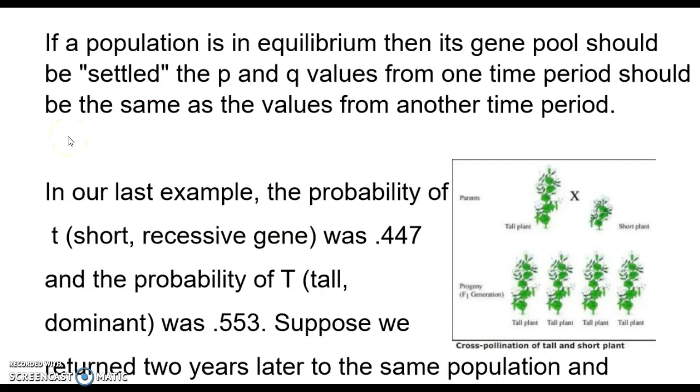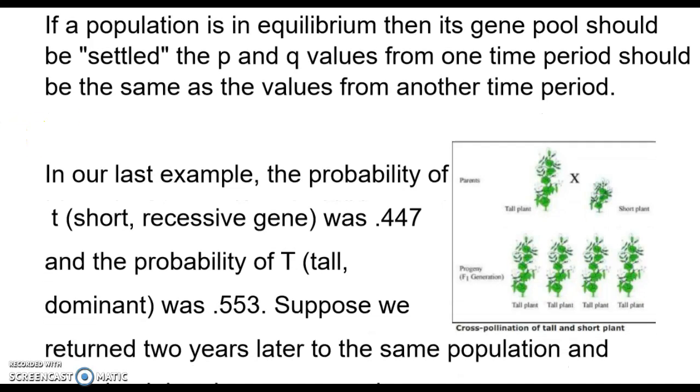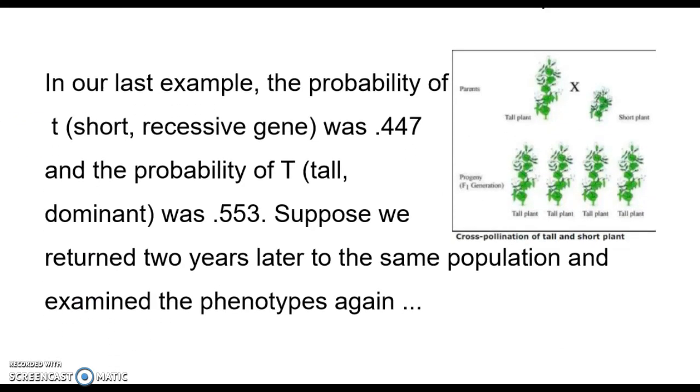We might say that a population is in equilibrium when its gene pool is sort of settled. That is to say that the values of p and q from one time period are the same as the values from another. If we apply that thinking to our last example, when we examined the population of plants, we found that the probability of inheriting little t from a parent was 0.447.